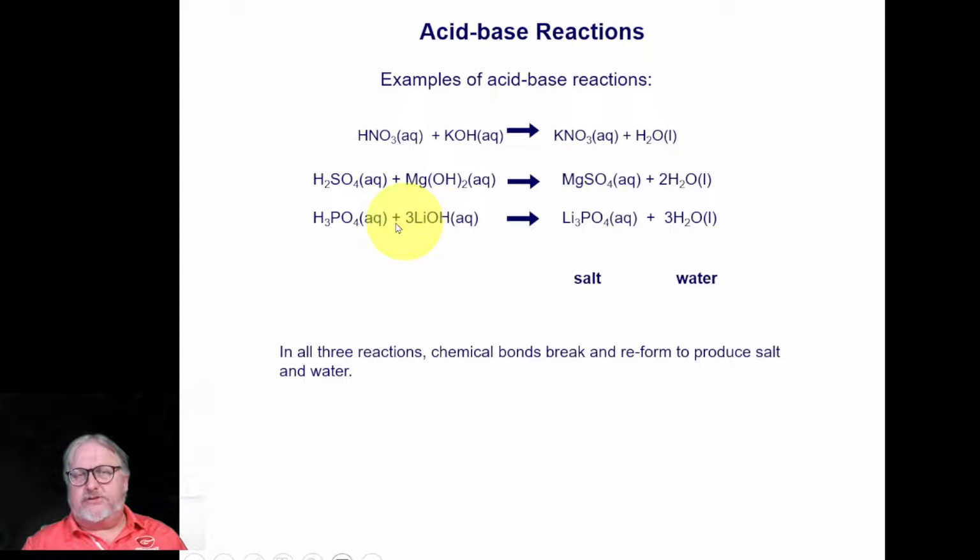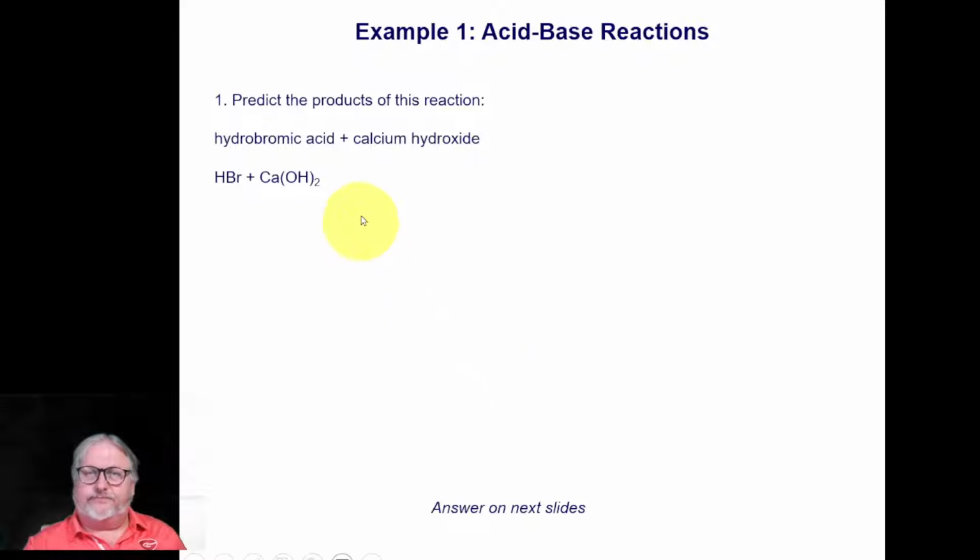These are the salts. Phosphoric acid, H3PO4, and lithium hydroxide will react and form lithium phosphate, the salt, and water. In all of these reactions, chemical bonds break and reform to produce the salt and the water.